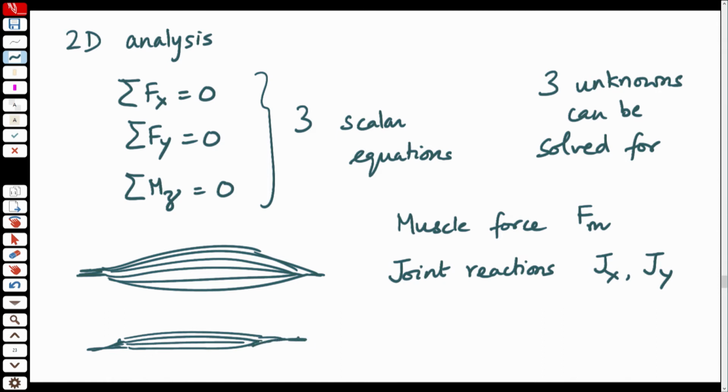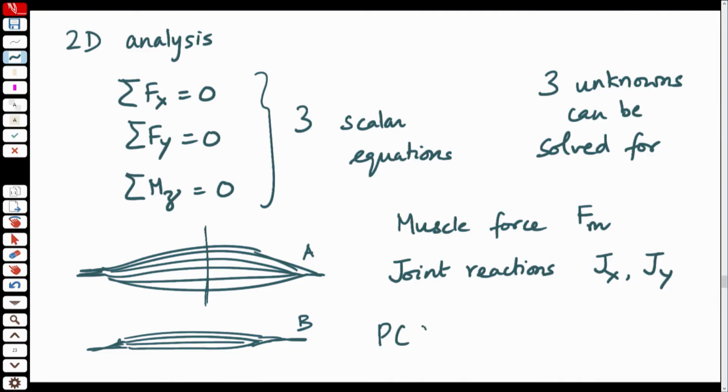Which do you think will produce more force, A or B? Why do you say that? The cross sectional area, right? The muscle belly's cross sectional area tells you how much force the muscle is capable of producing.